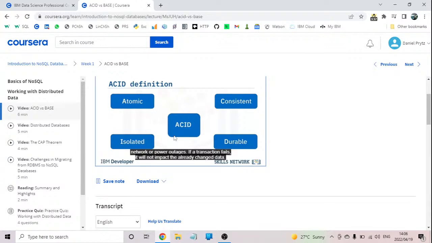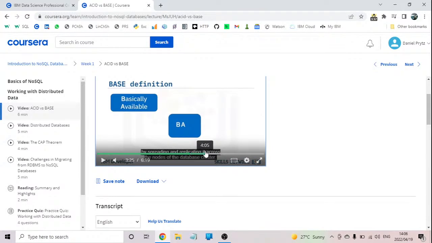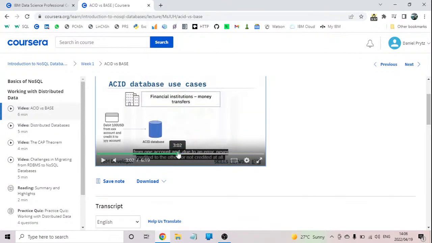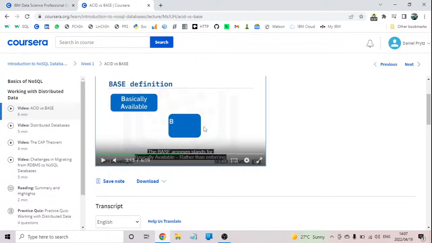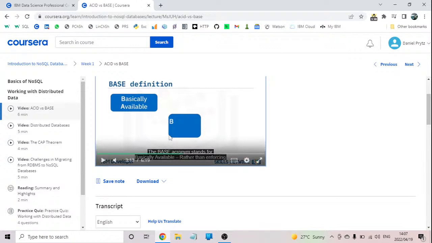Anyway, BASE stands for, it has the same number of letters, exactly. Where is BASE? Here is BASE. BASE starts off with basically available. The whole acronym stands for basically available.